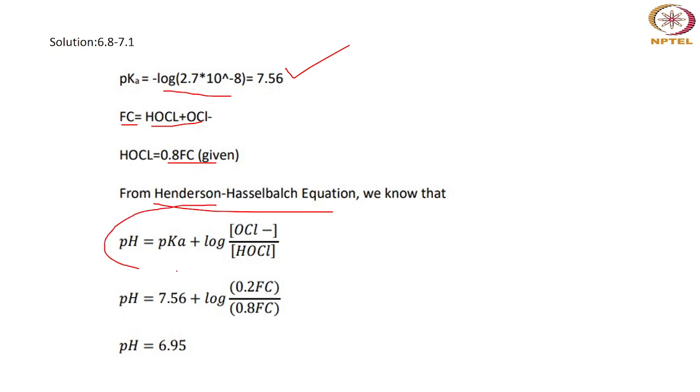All of you are aware of this one. pH equals pKa plus log of OCl minus divided by HOCl. These are the two components inside this free chlorine, so we can say this is the total concentration.